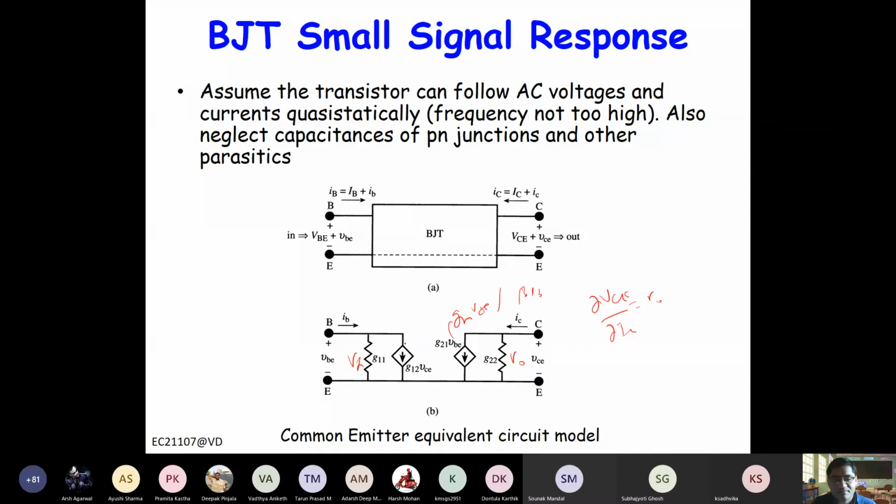Similarly, other parameters here. And we can write the same thing. So G12 and G21, they are trans parameters. Now they are current here, so they will be I over V, right? dI by dV. So what you can do to obtain these parameters, these are 4 parameters only.